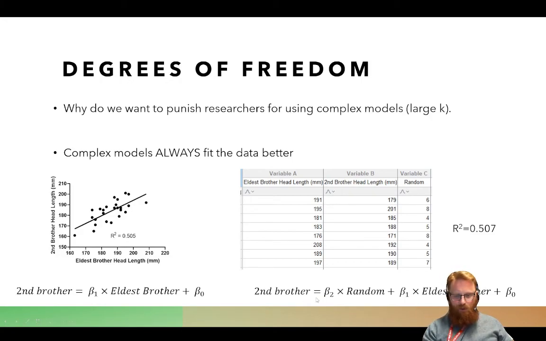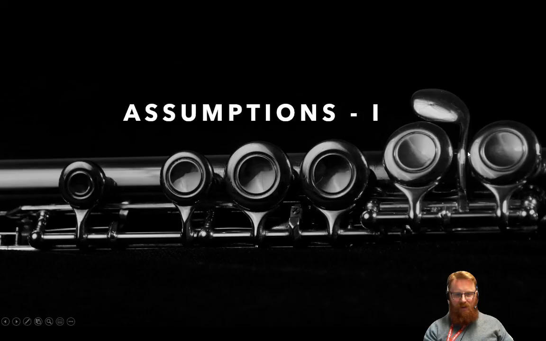So it never sets that coefficient to 0, and hence it always explains a tiny bit of something, and at best it could explain quite a lot, because sometimes random numbers do unfortunate things. And so you don't want researchers using overly complicated models, because overly complicated models always fit the data better. So that is why we punish for k.